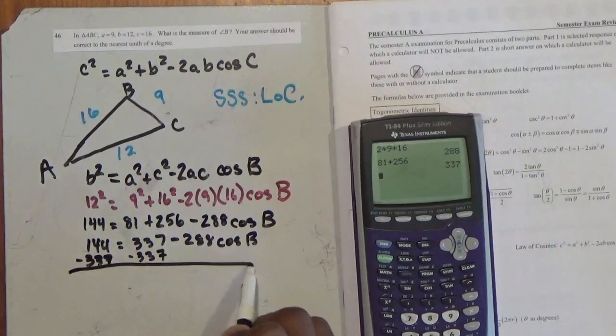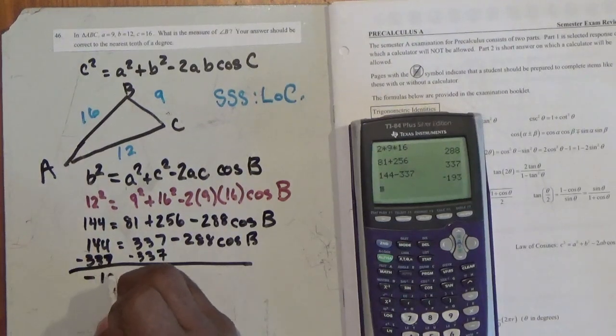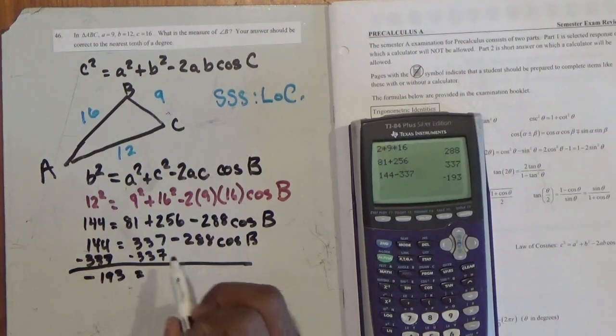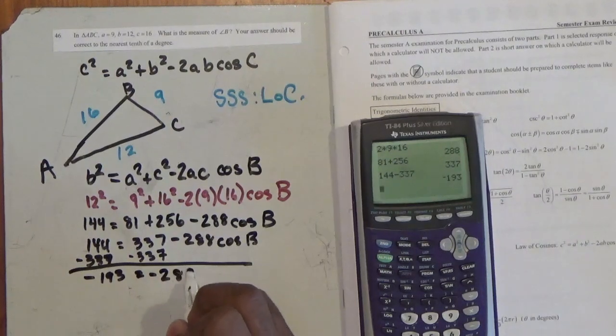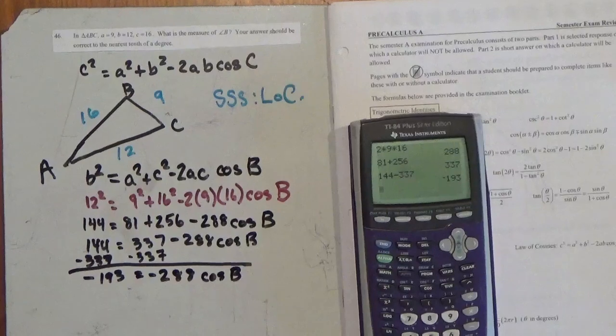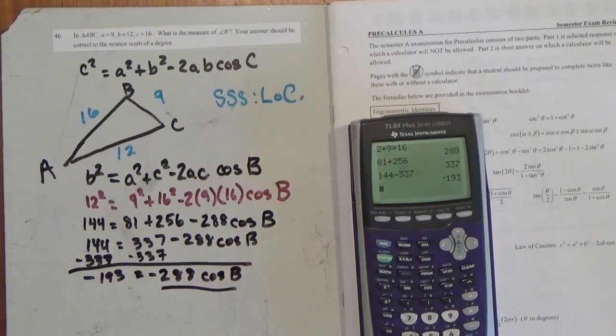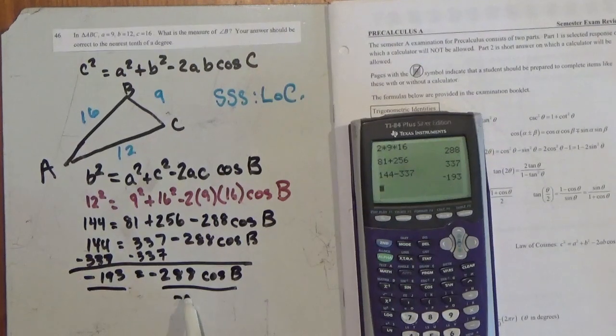That's 144 minus 337, which gives me negative 193 is equal to negative 288 cosine B. Divide both sides by negative 288. That is cosine B.